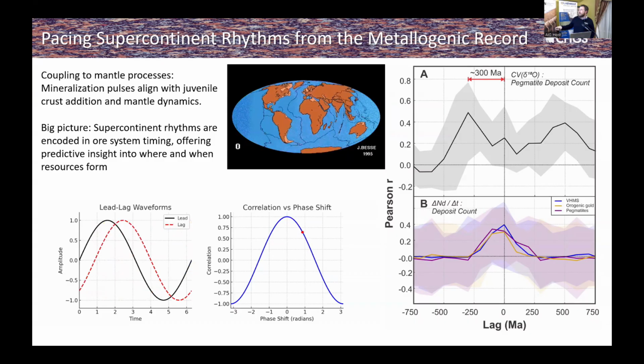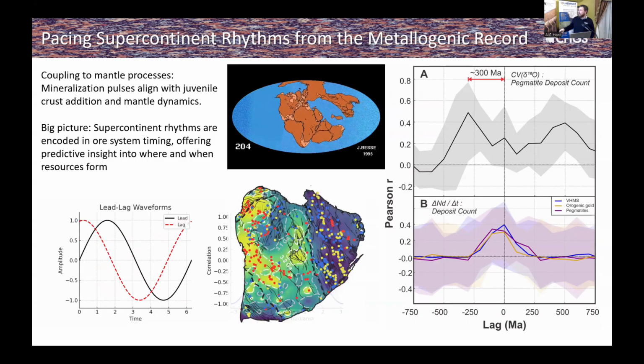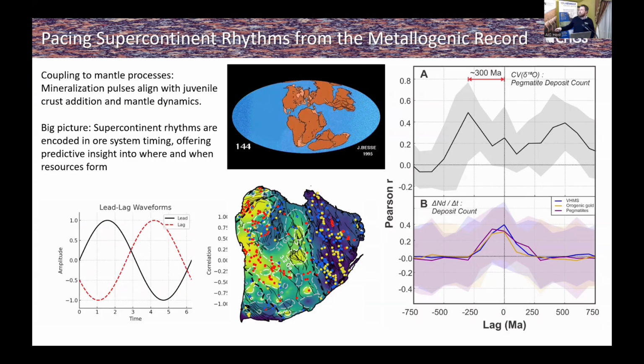And what I want you to see is they line up. So the time series of these systems is perfectly lined up. That's nice. So what we're now demonstrating is that this spatial relationship between neodymium isotopes and mineral systems is also a temporal relationship. It applies through time. Where there is more mantle input, we're getting more VMHMS, orogenic gold, and pegmatites.